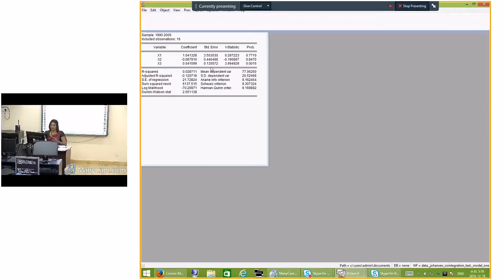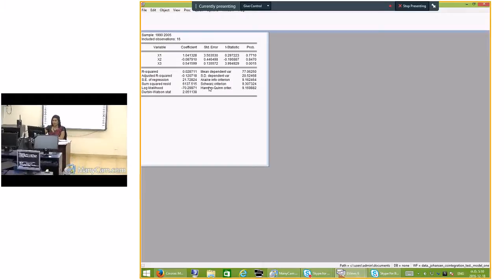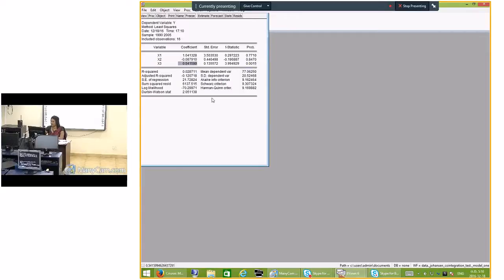Then you can see that one variable is insignificant and this variable is also significant.